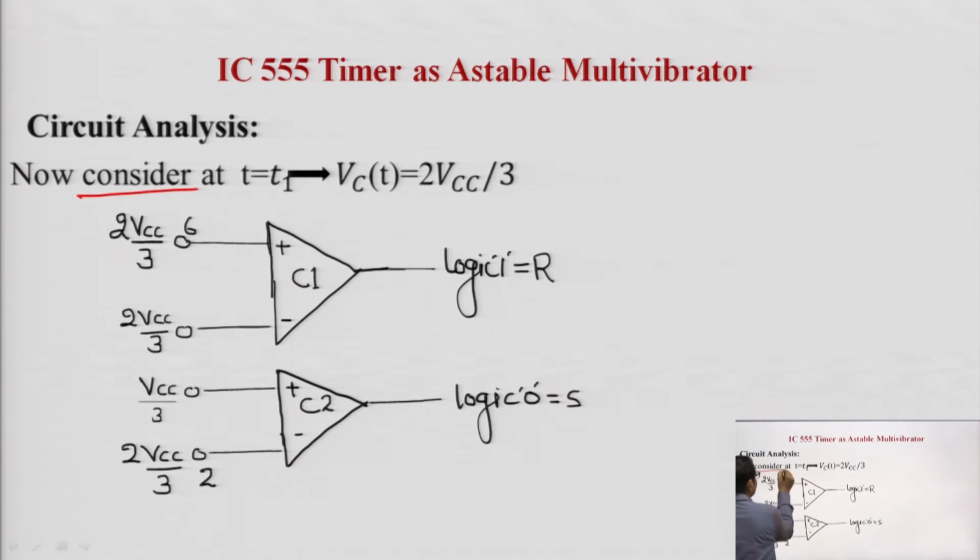At t equal to T1, we assume that VCT equals 2 VCC by 3. What will happen with the two comparators C1 and C2?